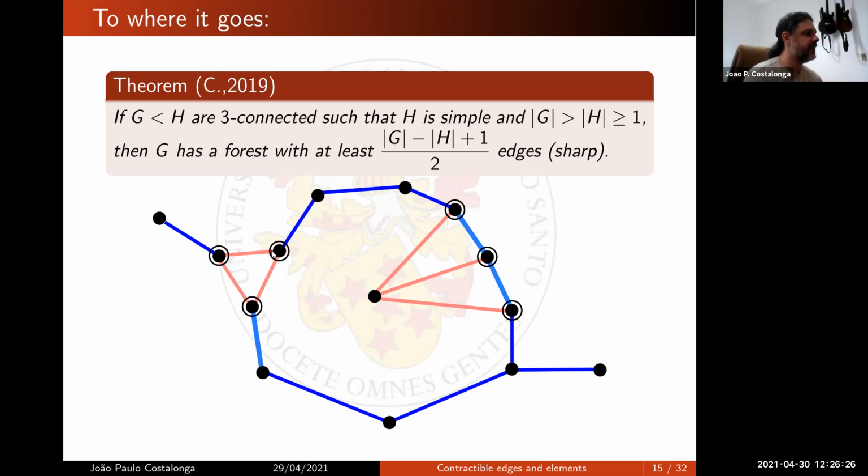And in this case, we don't have the H contractible edges, but we may do this switch operation. Instead of picking those red edges, we pick this one. And well, I'm picking something out of my family.